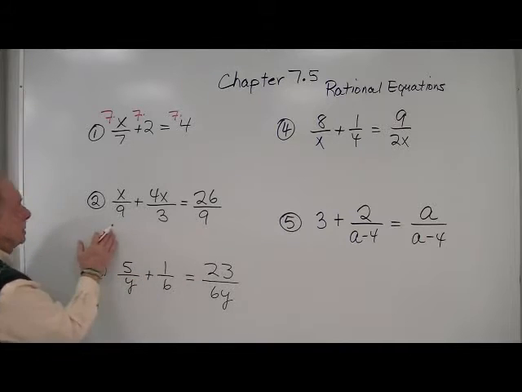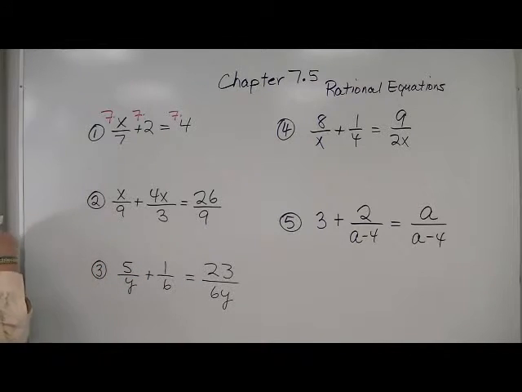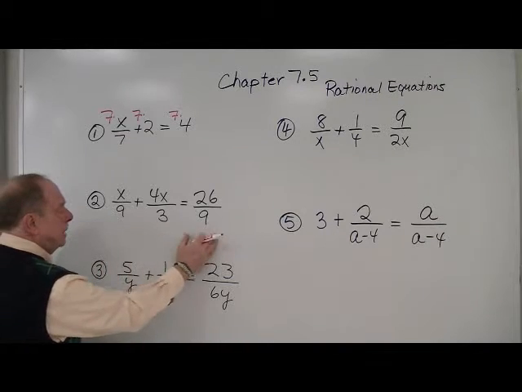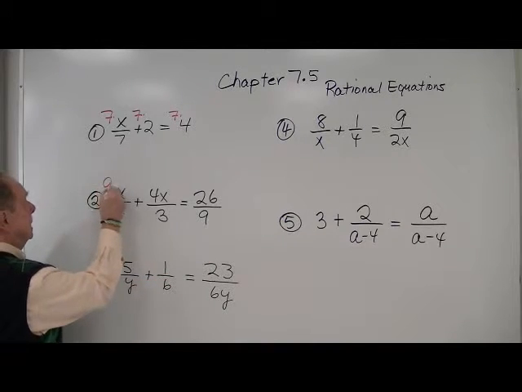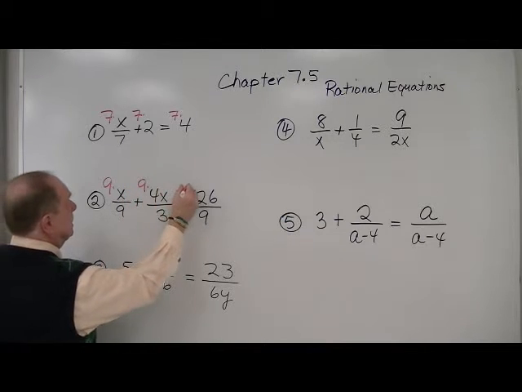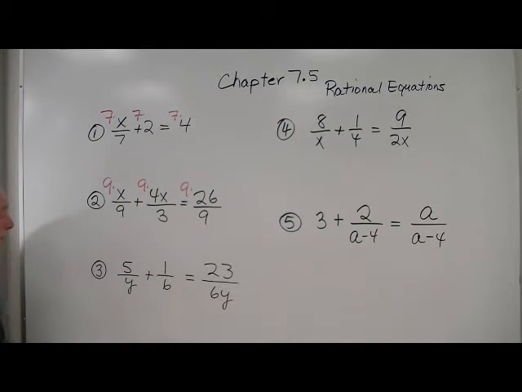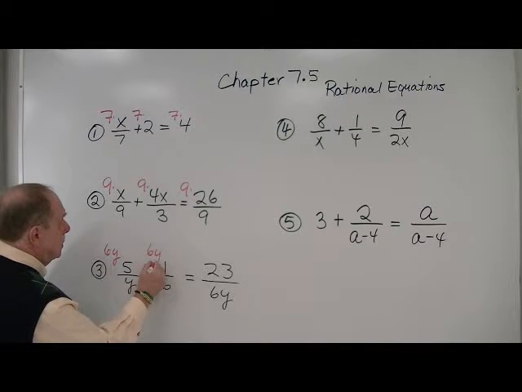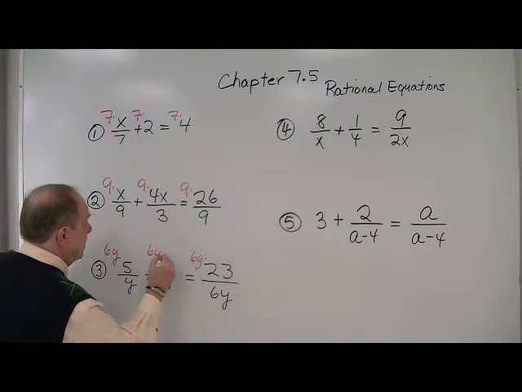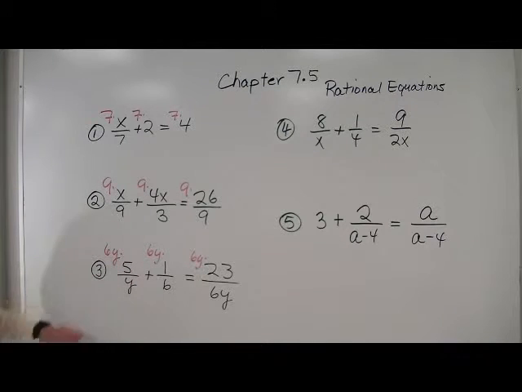In number 2, what do you think is the least common denominator? Again, it's the denominator that's going to get rid of all these fractions. And if you said 9, that is correct. How about in number 3? (6y).